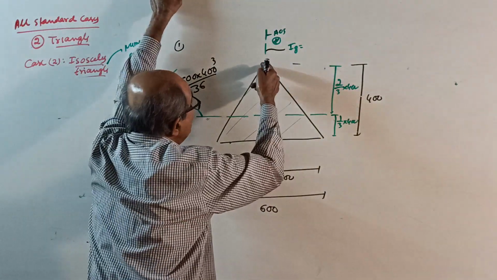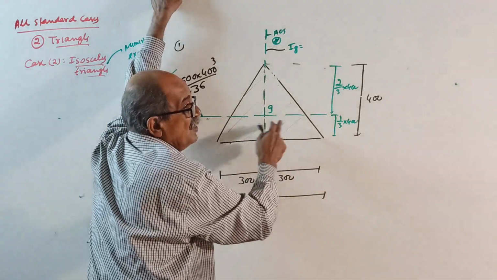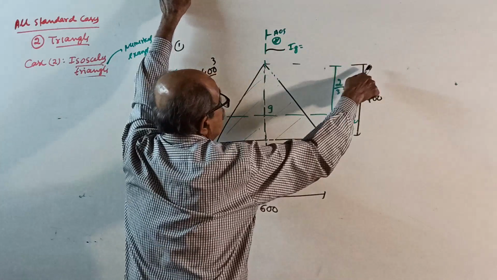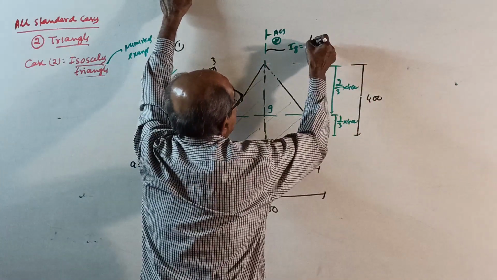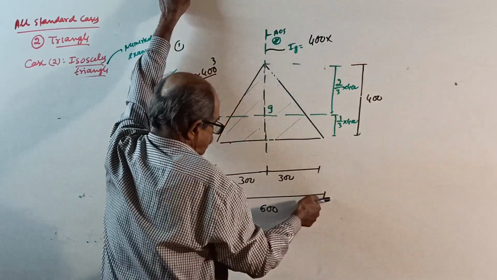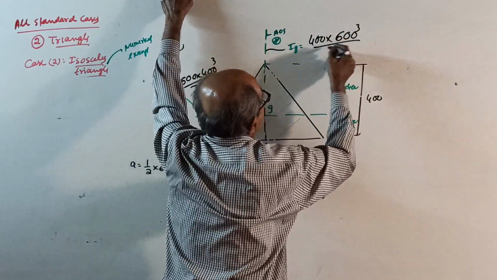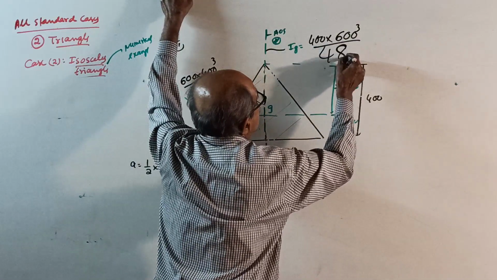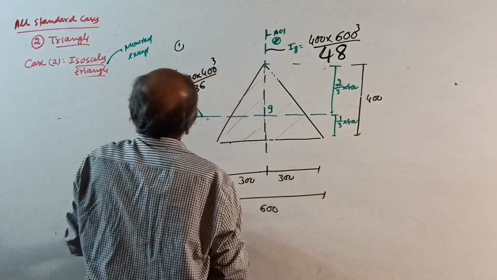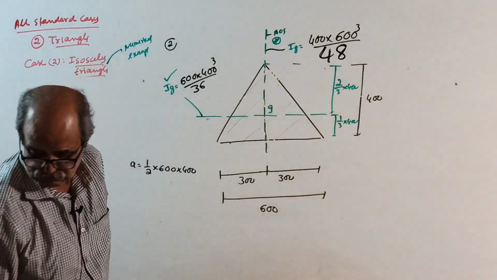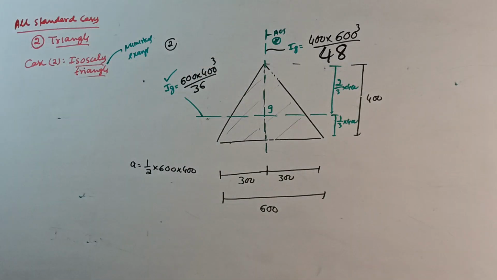Or even if you take this as the base, it is not the extreme edge, it is in between. In between means, correctly remember, parallel side how much? 400 into perpendicular, 600 cube divided by 48. Okay. Example 1 over, example 2. This all you have to make a note.